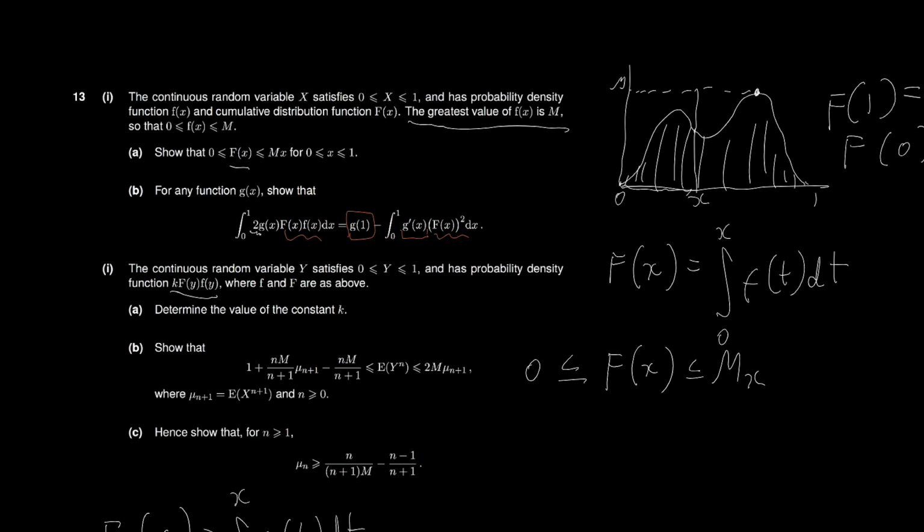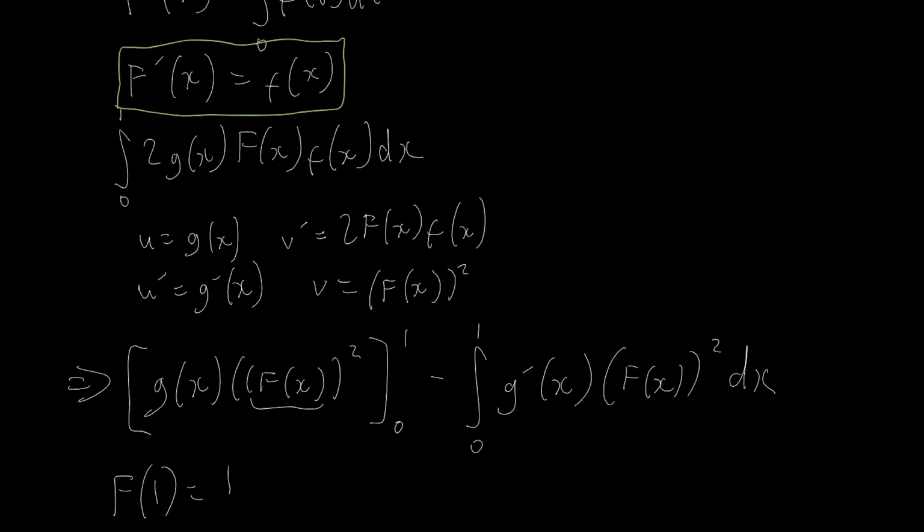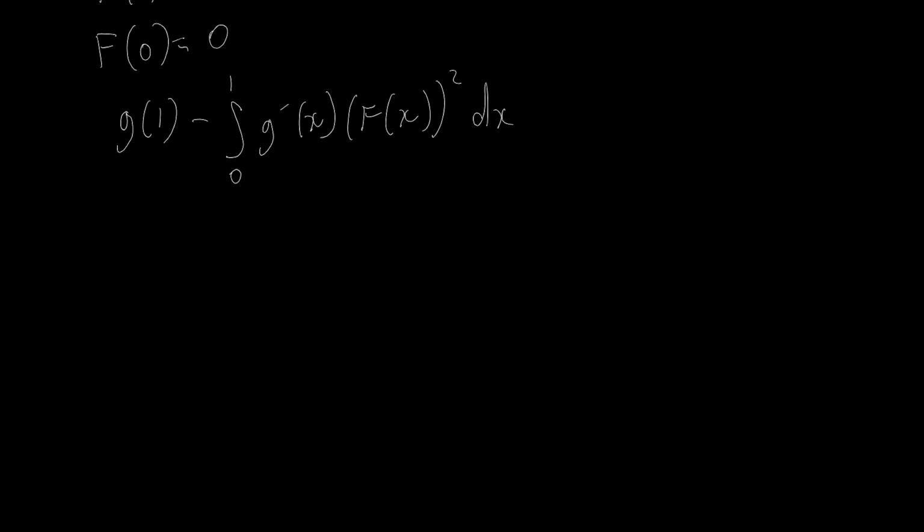So first things first, there's a minor difference between this and the previous question. We have k here, but previously we had 2g of x. That's fine. We can just say that 2g of x equals k for all x, so now we can use what we had previously.